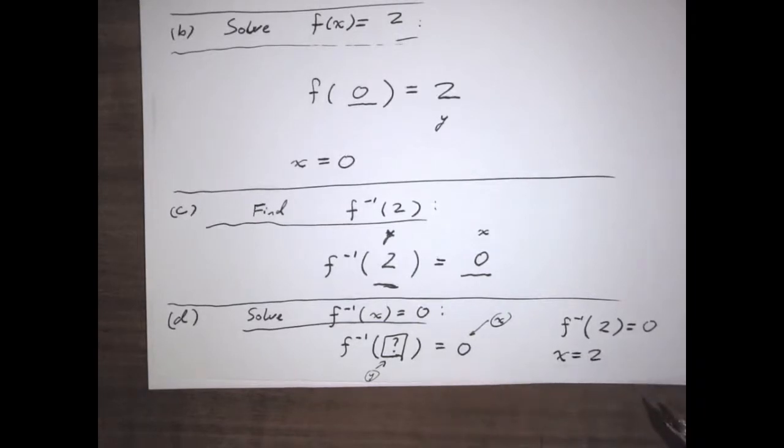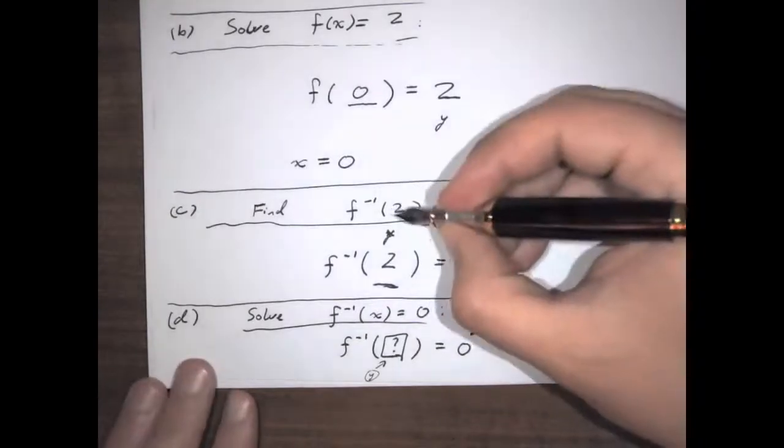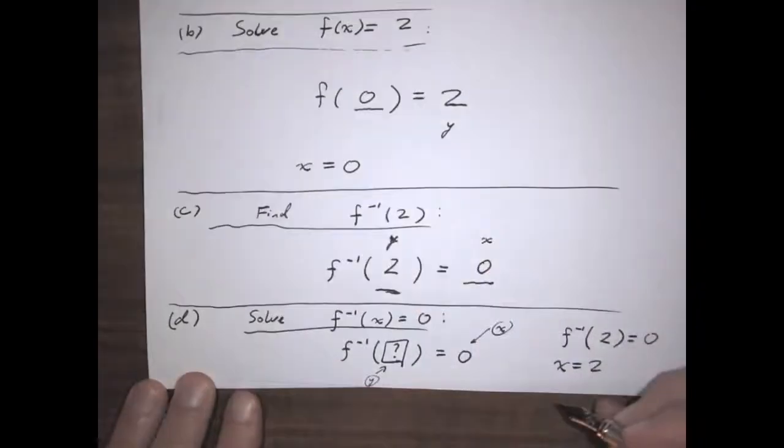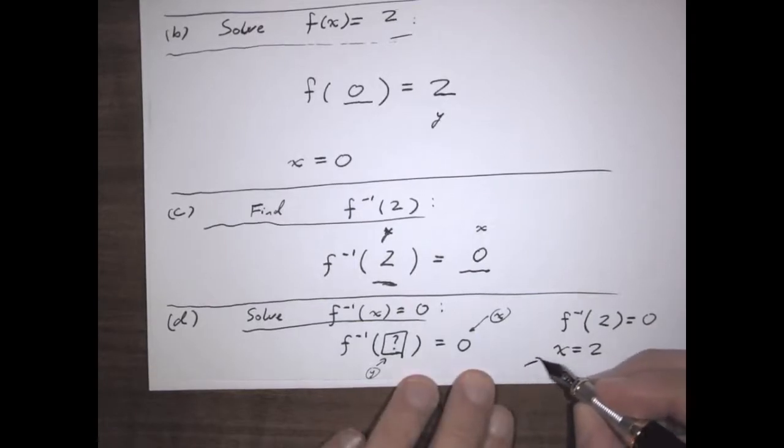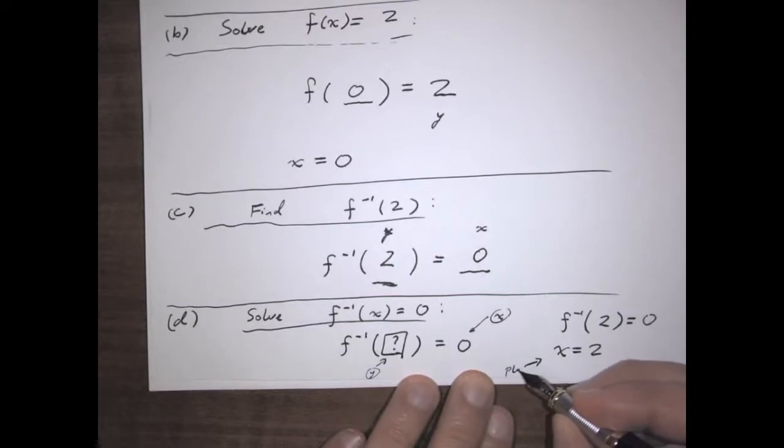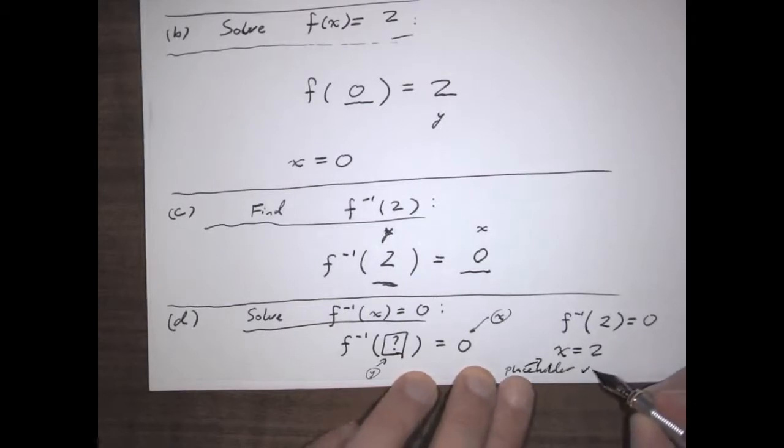Now again, it's a little bit confusing because this says solve this, which means our answer has to be of the form x equals, but this use of x is just a placeholder. It's a placeholder variable, not the x coordinate.